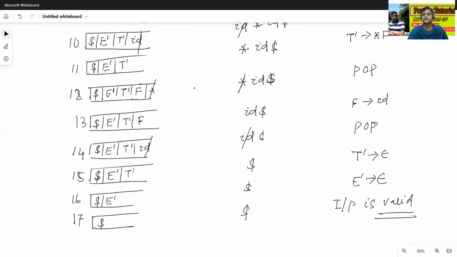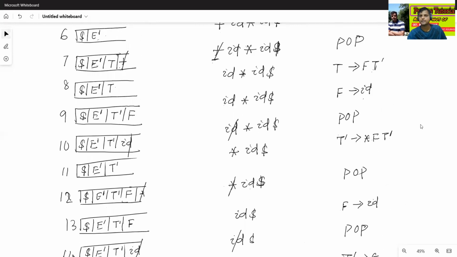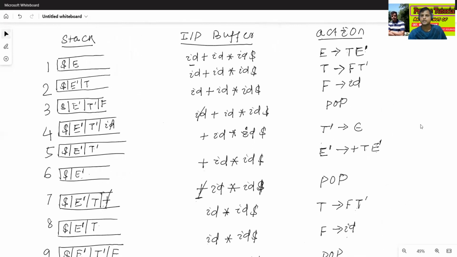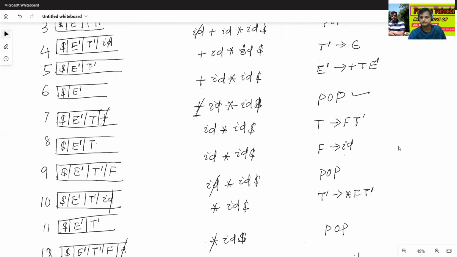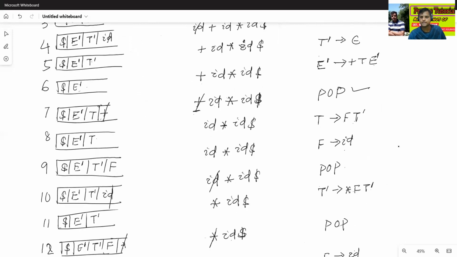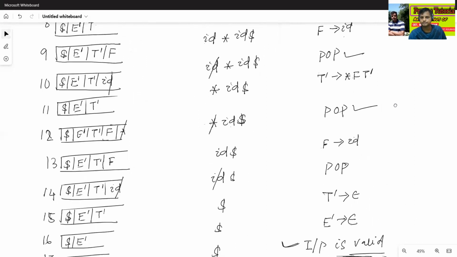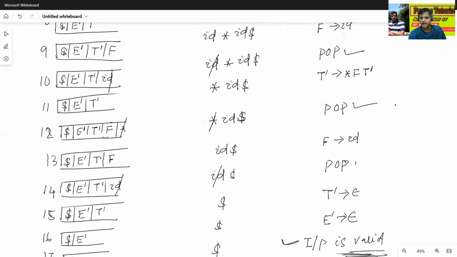One action is called the accept action. You can also check how many push operations and how many pop operations. I'm checking the pop operations: 1, 2, 3, 4, 5.